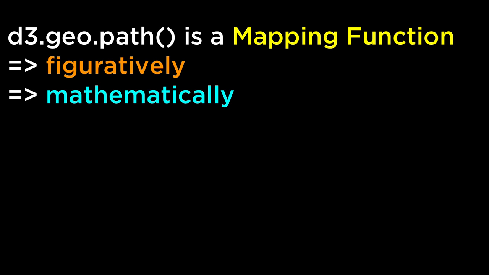In a figurative sense, it is a mapping function because it helps us draw maps on the screen. In a mathematical sense, it is a mapping function because it takes in a dataset and applies a function to each element of the list, thus returning a list of results. Just like we covered earlier, it takes in spherical coordinates, applies a function, and converts them to Cartesian coordinates.